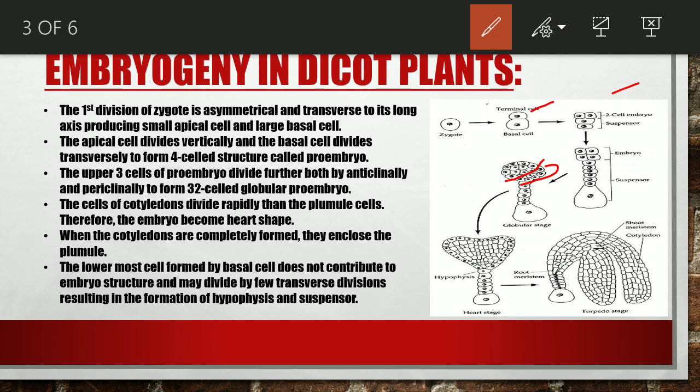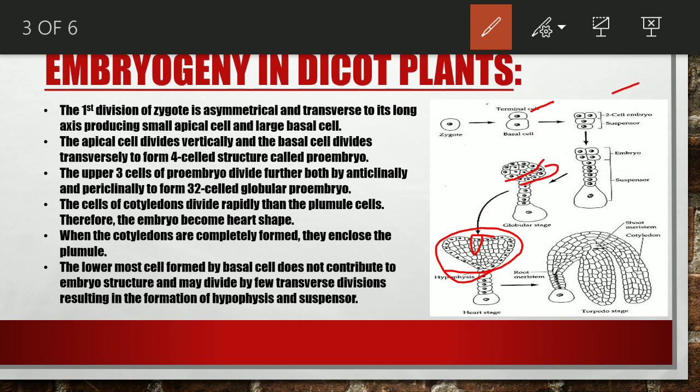The cells of cotyledons divide more rapidly than the plumule cells, and therefore the embryo becomes heart-shaped.